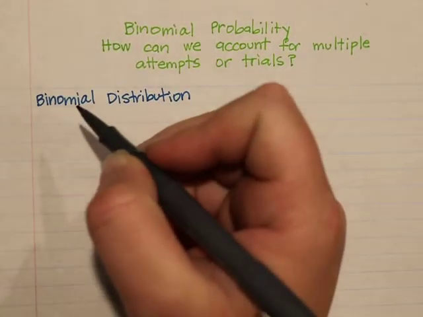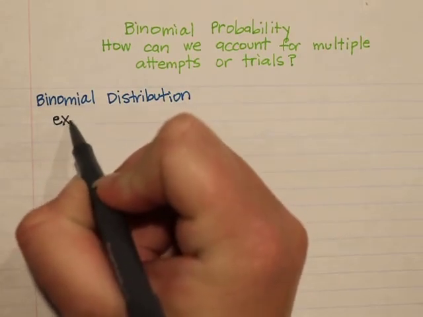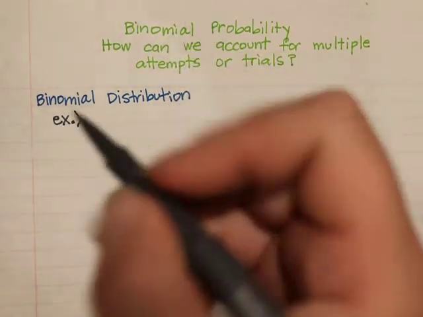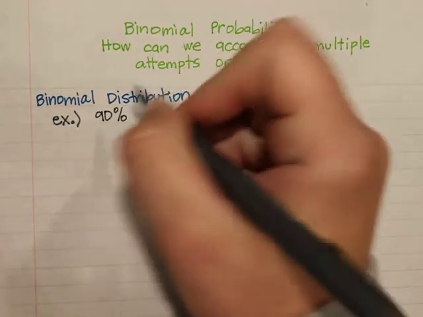So in this example, we're going to do lots of examples, but we're going to use this information. We have a 90% free throw shooter.